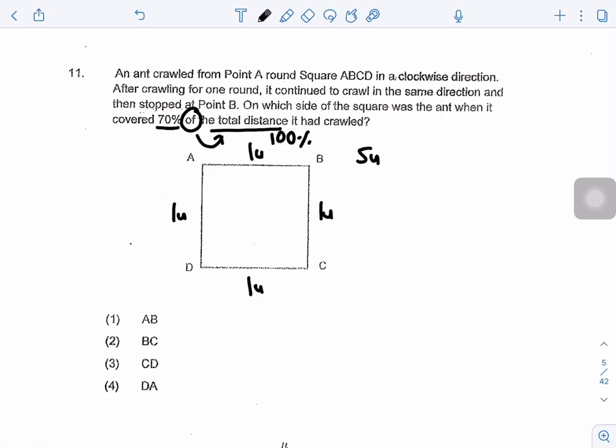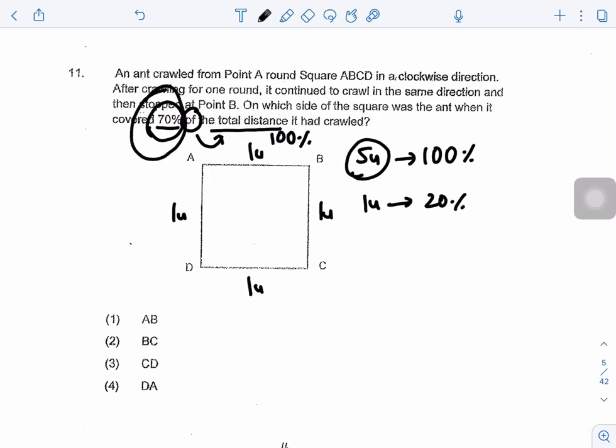So if he crawled a total of 100%, where was he when he crawled 70%? That's what they are saying. Now, that means that 5 units is 100%. And that's a bit inconvenient because 1 unit will be 20%, right? And I'm trying to find 70%. 70% is not a multiple of 20%.